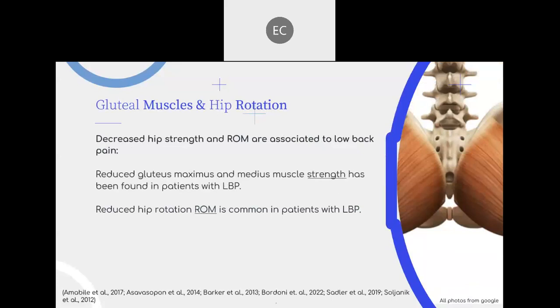So decreased hip strength and range of motion are associated with low back pain. Reduced gluteal muscle strength, of the gluteus maximus and gluteus medius, has been found in patients with low back pain. And reduced hip rotation range of motion is also common in patients with low back pain.